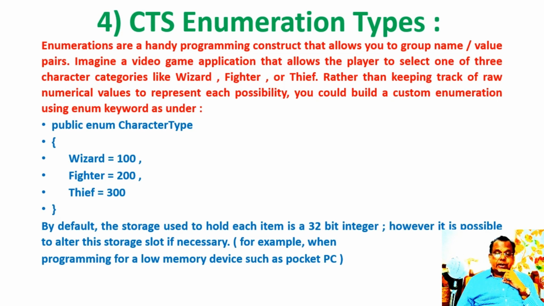Look, one example I am showing here: public enum CharacterType. Next, open the brace. Wizard is equal to 100, fighter is equal to 200, thief is equal to 300. We are giving names like wizard for 100, fighter for 200, and thief for 300. Next line, close the brace.